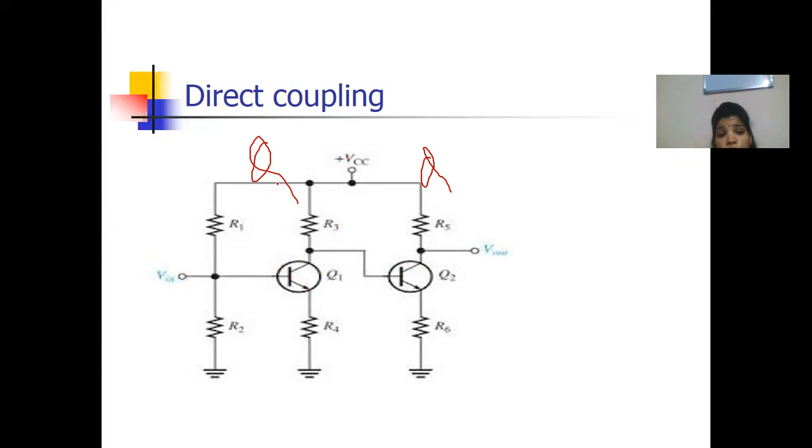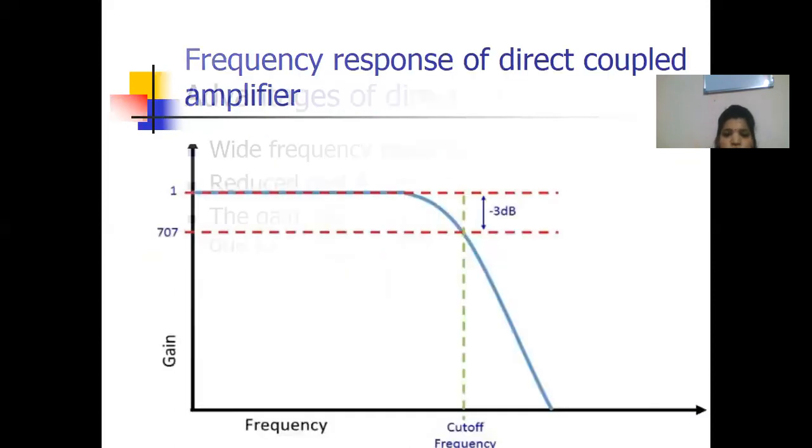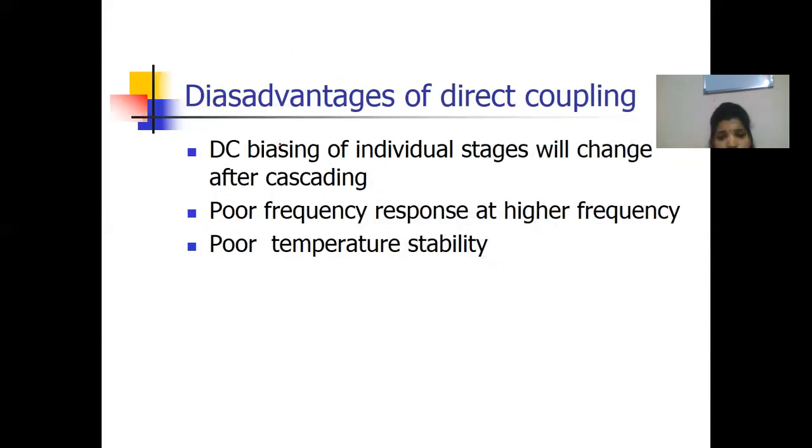Whatever current IC and IB is here will be input to the next stage, so the Q point of the second stage definitely changes. And at high frequency we are not getting the desired output.